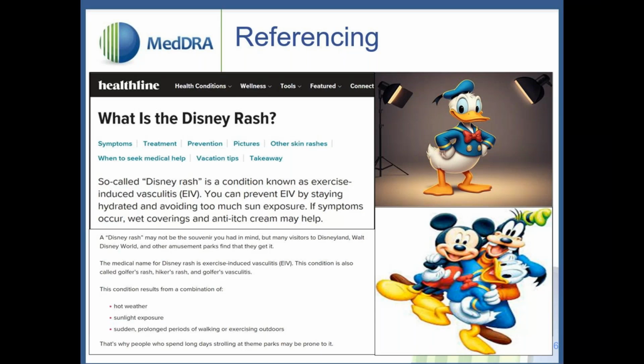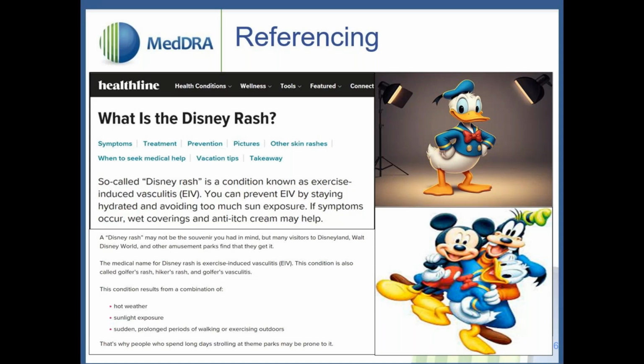So I used my references because I am supposed to use my medical judgment, and I'm not very familiar with what a Disney rash is. So I went online and looked up Disney rash, and one of my health references, Healthline, told me that Disney rash is a condition known as exercise-induced vasculitis.